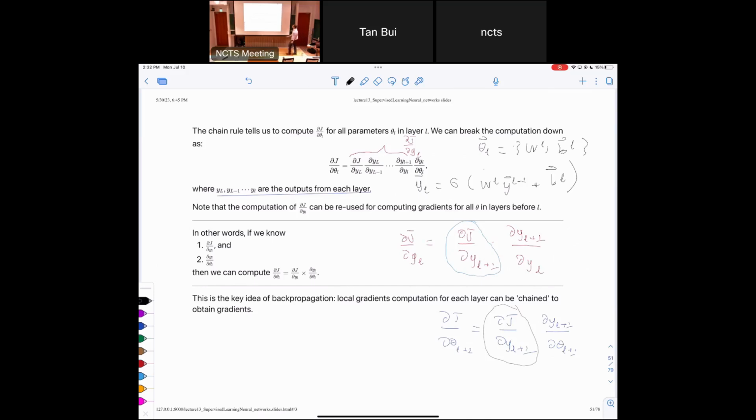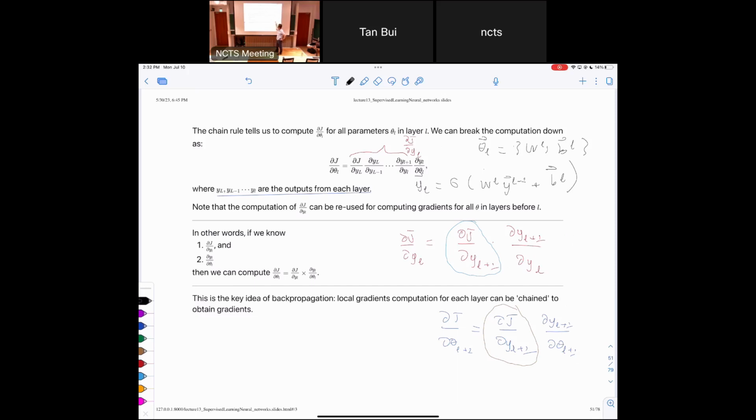So this is nothing more than taking the derivative of the last layer with respect to the output of the last layer, and then taking the derivative of the output of the last layer with respect to the layer before the last layer, because Y capital L minus 1 is the input of Y capital L. So this is first dJ with respect to YL, and then dYL with respect to YL minus 1, and then the derivative of YL minus 1 with respect to YL minus 2, and so on and so forth.